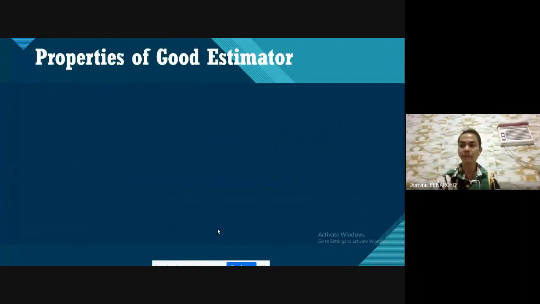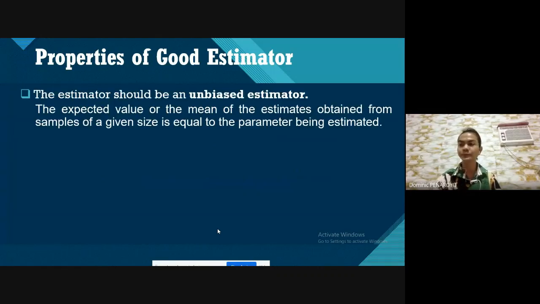Next, properties of a good estimator. The first property is that the estimator should be an unbiased estimator. Meaning to say, the expected value or the mean of the estimates obtained from samples of a given size is equal to the parameter being estimated.